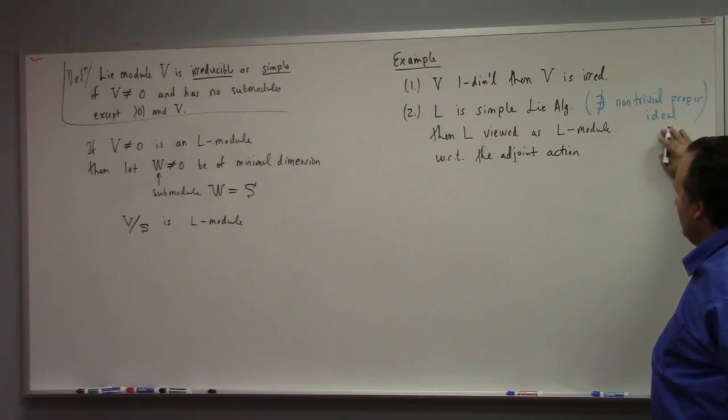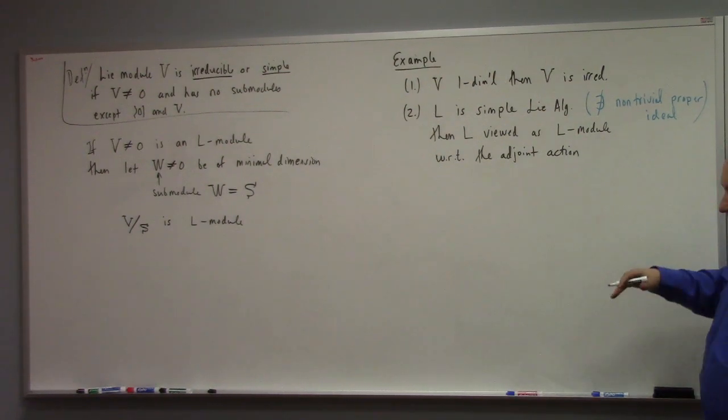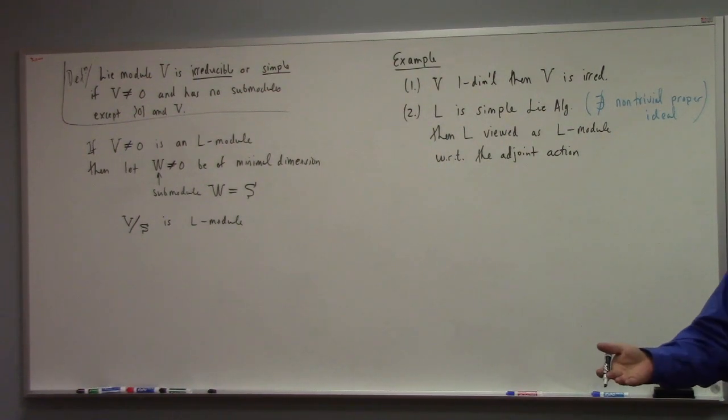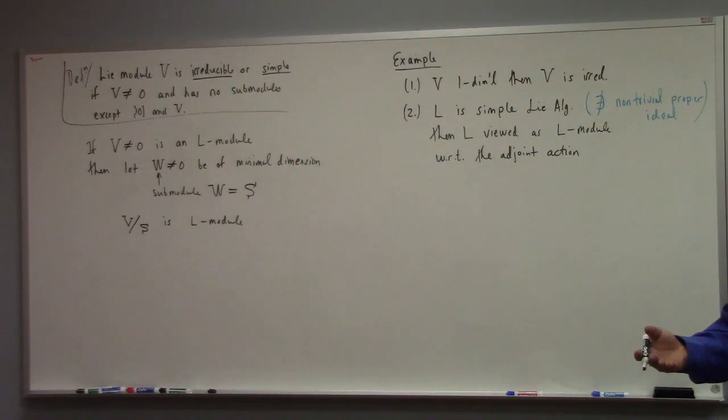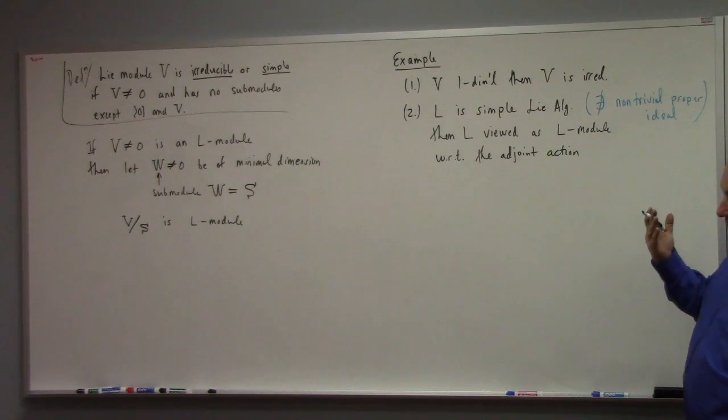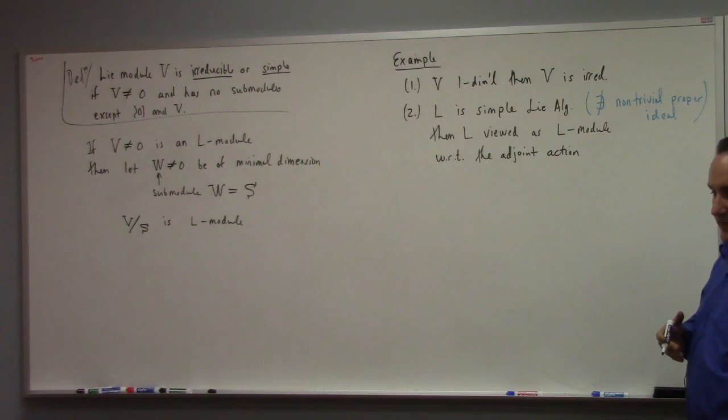And remember, for the adjoint action, what are the sub-representations? As we were talking about earlier today, the sub-representations of the adjoint action are the ideals of the algebra, right? So if you have a simple algebra, you have no sub-representations for the adjoint action.